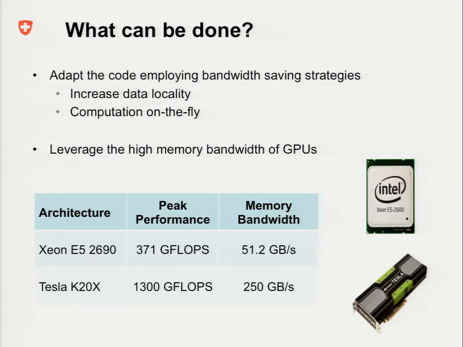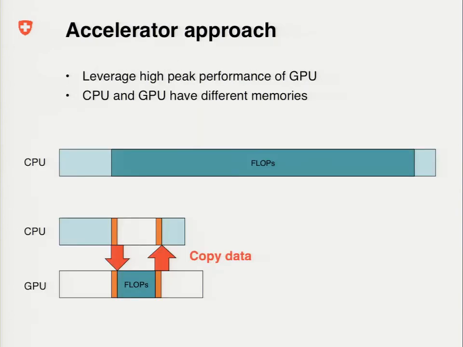Now, probably you've seen a bit what OpenACC can do, and typically the examples you see is that you have this really expensive kernel, so you put some directives around, you port it to the accelerator, and you get the results back. This is what I call the accelerator approach. It leverages the high peak performance of GPUs, and it acknowledges that CPUs and GPUs currently have different memories.